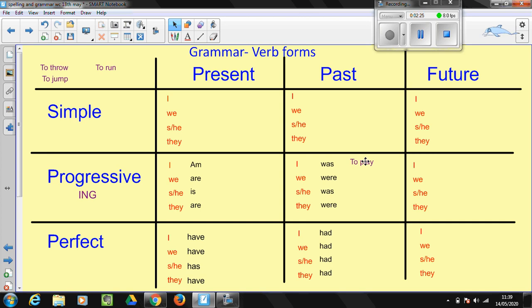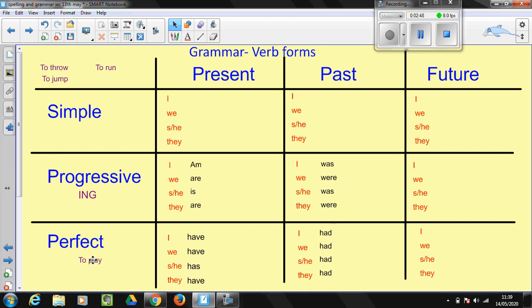I was playing, we were playing, he or she was playing, they were playing. And future progressive. I will be playing, we will be playing, he or she will be playing, they will be playing. Remember, progressive is the ing form of the verb.